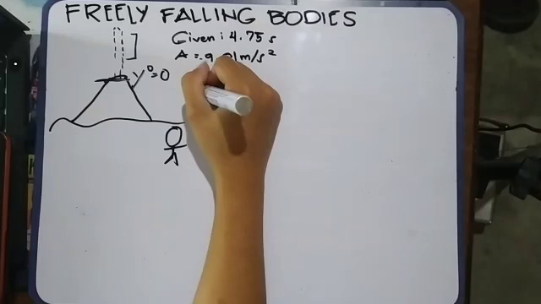So, magiging negative 1/2 times negative 9.81 times 4.75 is equals to, so yung initial speed natin is 23.30 meters per second since cancel.